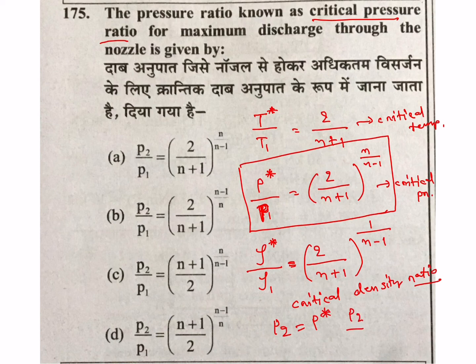You can write P2 by P1, it's equal to P star by P1, 2 by n plus 1 whole to the power n by n minus 1. So from option we will check 2 by n plus 1 whole to the power n by n minus 1. A is your correct answer. For critical pressure ratio, P2 will become P star.